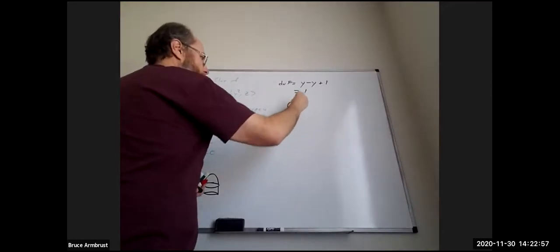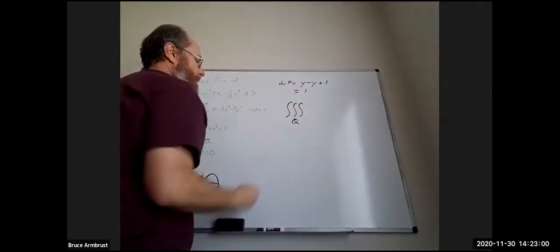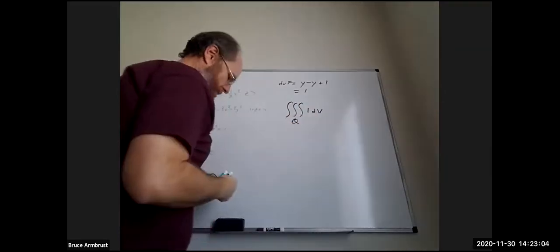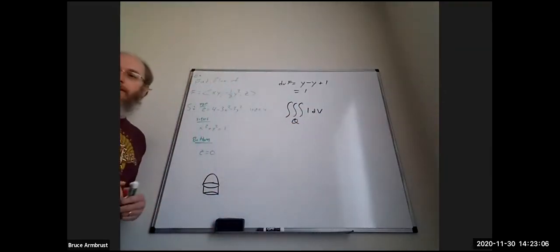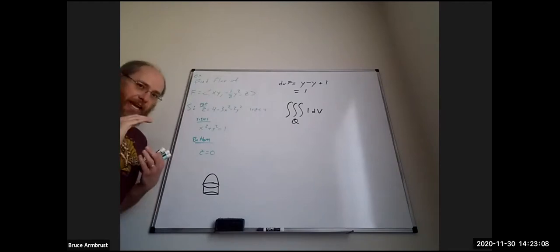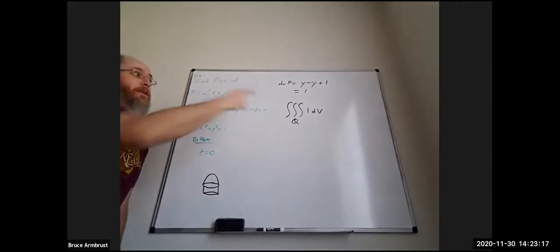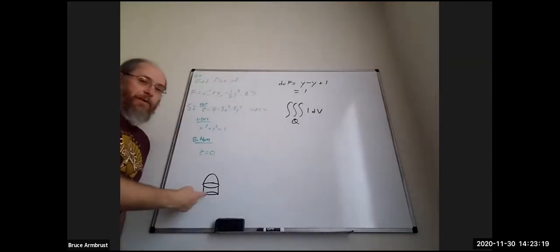So the divergence theorem says we're going to integrate over that region 1 dV. Now, the fact that that divergence is just a constant should make you at least start going, ooh, wait a minute, maybe we can do this faster. Because all that's going to be is then the volume of this shape.